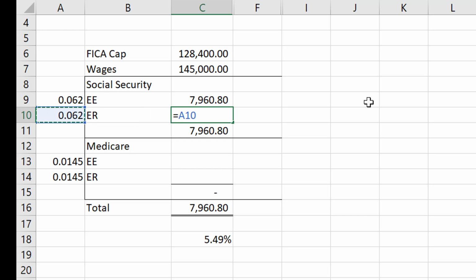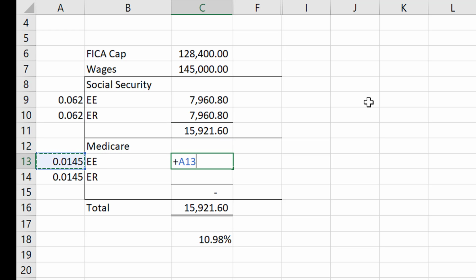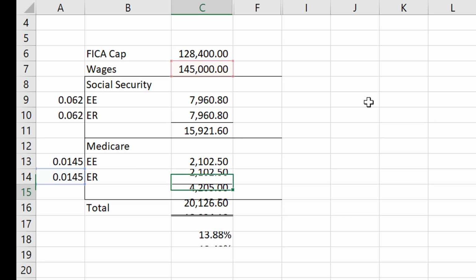We can do the same thing for the employer's share. So that's the total amount anyone could pay in Social Security taxes in 2018. Now, when we do the same thing for Medicare, there is no cap on Medicare, so it's multiplied by her total wages of $145,000. And you can see that her average tax rate is 13.88% on $145,000 of wages.